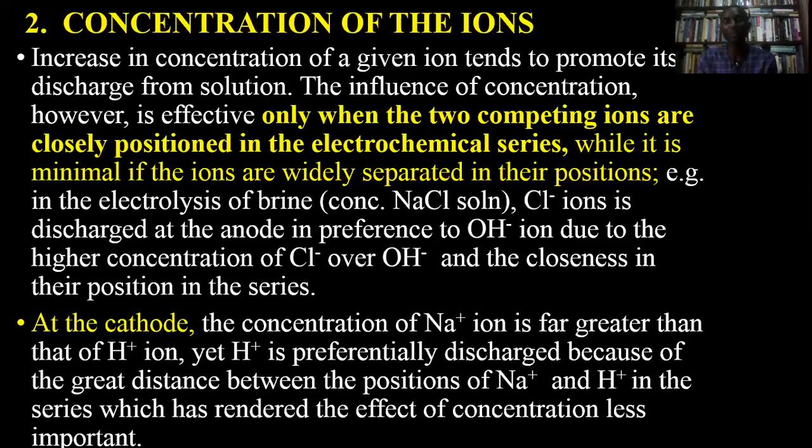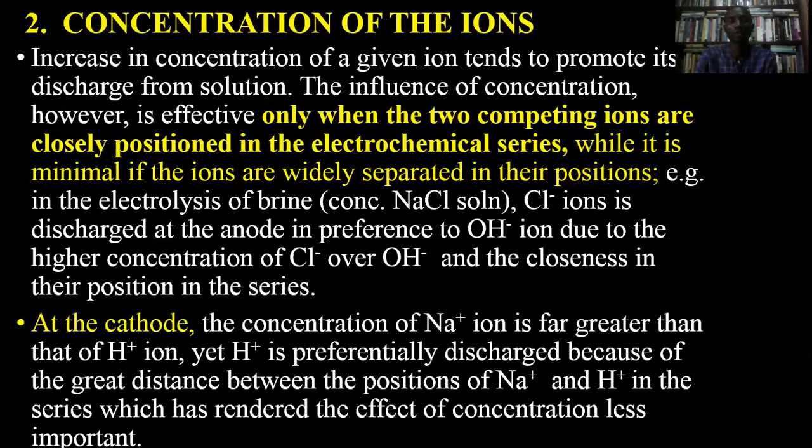So in spite of the fact that sodium ion is highly concentrated, hydrogen ion is still preferentially discharged because of the great distance between the positions of sodium ion and hydrogen in the series, which has rendered the effect of concentration less important. Remember, it works when the two ions being considered are competing closely in their position in the electrochemical series. So concentration can affect it, but only when the ions are close in their position.